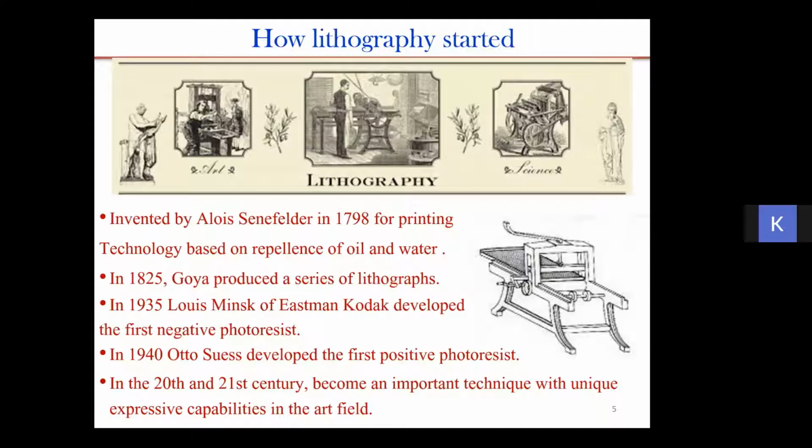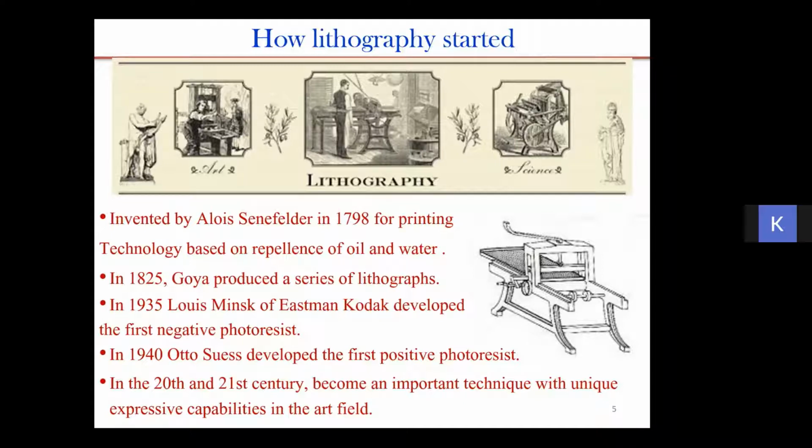A major progress then came in 1935, when the first negative photoresist was developed at Eastman Kodak by Louis Minsk. Then in 1940, Otto Suess developed the first positive photoresist. I will come later to what a photoresist is, but that was obviously a milestone for today's lithography.